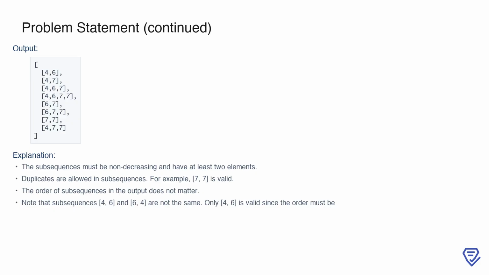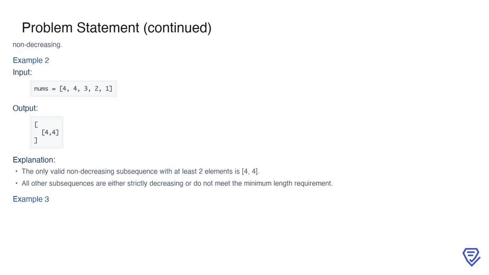Now consider another example where the input array is nums equals 4, 4, 3, 2, 1. In this case, the input array has only one valid increasing subsequence, [4, 4]. This is because all other combinations fail to maintain the required non-decreasing order. For instance, sequences like [4, 3] or [3, 1] decrease in value and are therefore invalid.